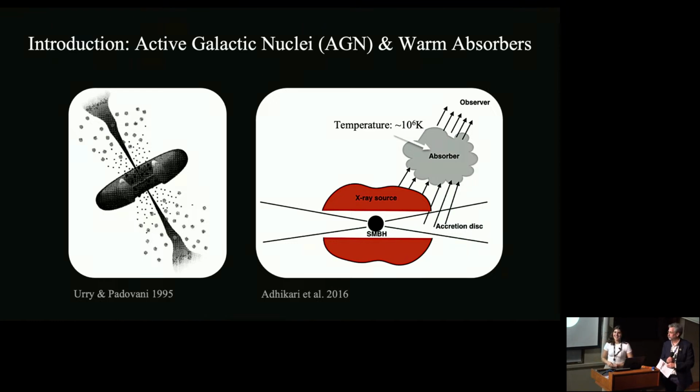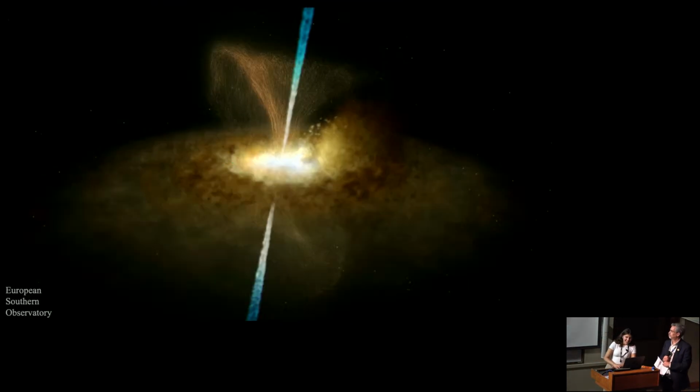Good question. Even just looking at it here, it could be kind of difficult visually to tell whether you're looking at a warm absorber or a torus. The main difference is that the torus is cooler, something like 1500 Kelvin, whereas your warm absorber is 10 to the 6th Kelvin, so like a million.